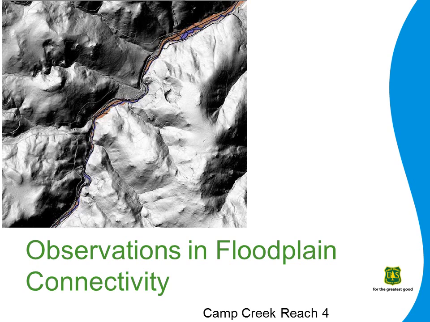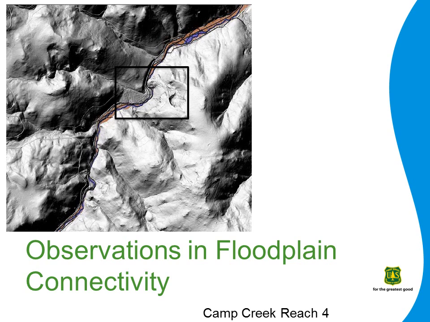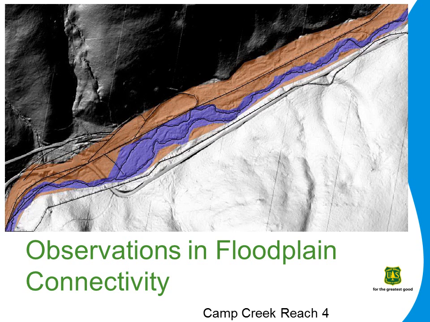Reach 4 is similar, but has other interesting observations. It has 2 unconfined valley bottom sections here. Then there's a great landslide and alluvial fan that also influences valley confinement and aquatic habitat. The unconfined reaches are affected by railroad grades again.